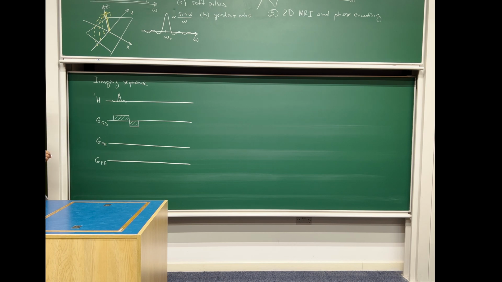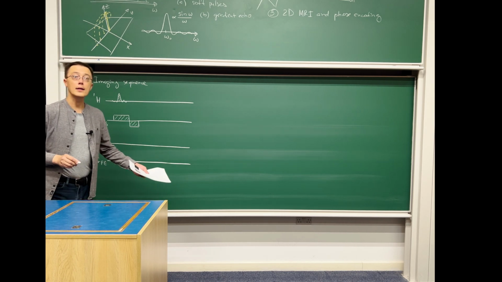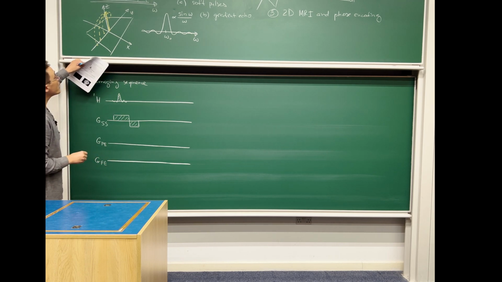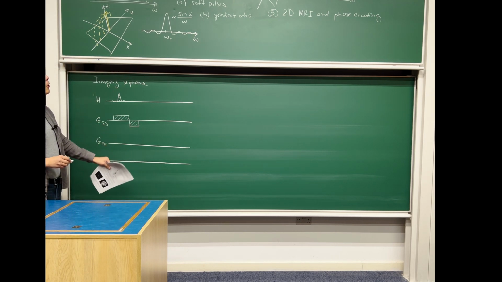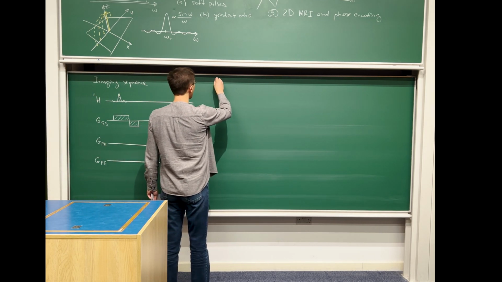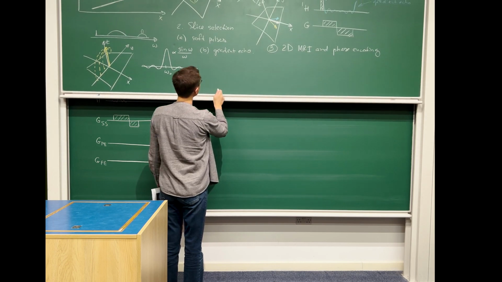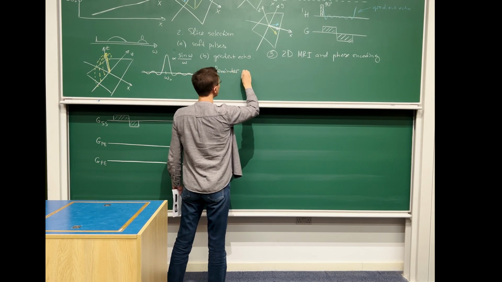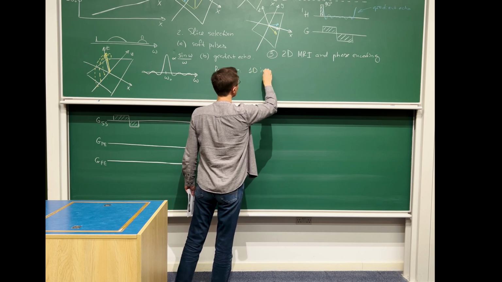Now, we need to sample our K space, but remember how we sampled it. We turned the gradient on and then we ran the acquisition. So, a simple reminder, 1D imaging.